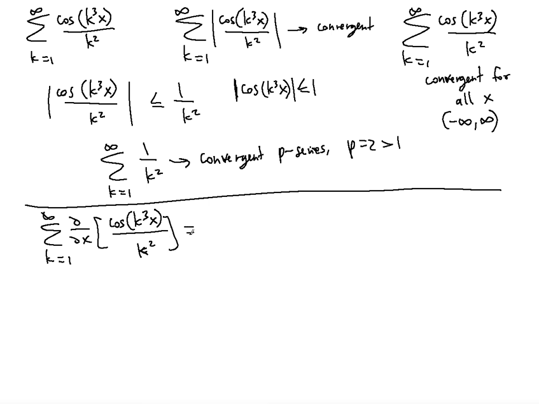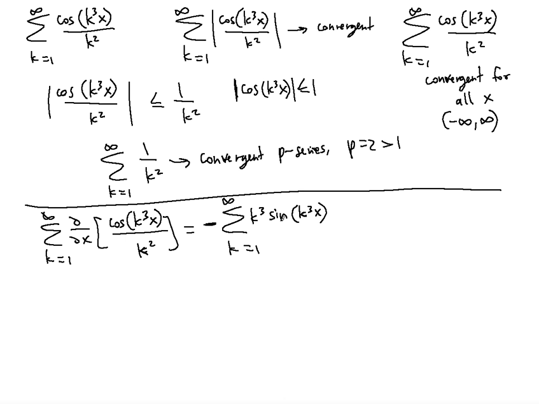Taking the derivative gives us a negative sign outside, and we will also have k to the third coming outside. When we differentiate, first we differentiate the cosine, we get a negative sine of k to the third x, and then the inside differentiation makes the k to the third come out, so it becomes a constant multiplying the sine.